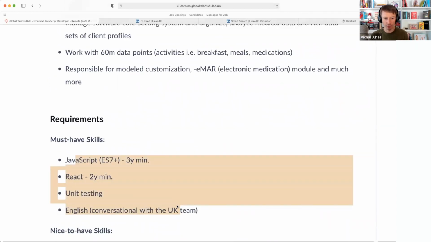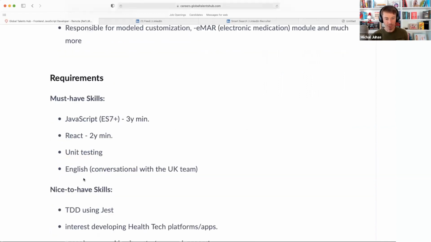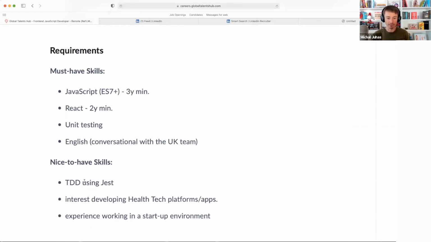So the more we analyze these JDs, the more you will hopefully see that it's not any rocket science. On the other hand, we go an extra mile to make it really straightforward. So this is not what we've received from the hiring manager.